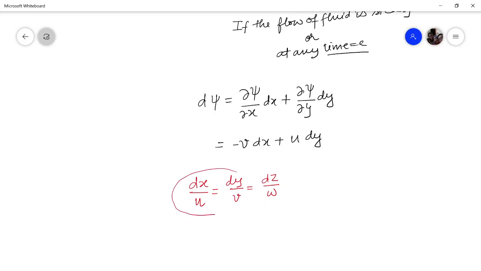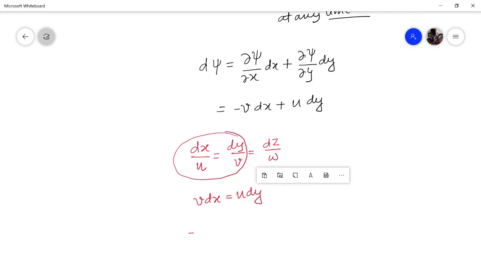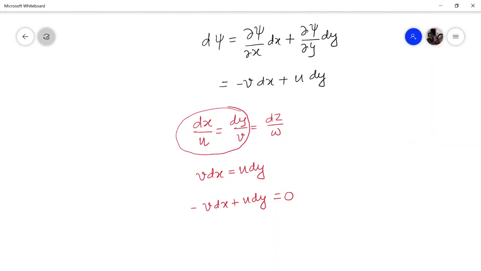So if you are restricting yourself to two dimensions, then you can write this as v dx is equal to u dy, or minus v dx plus u dy will be 0. Therefore, on the right hand side you have the same expression.